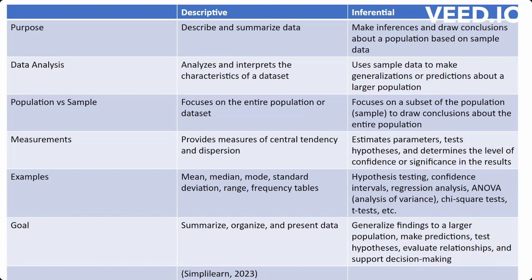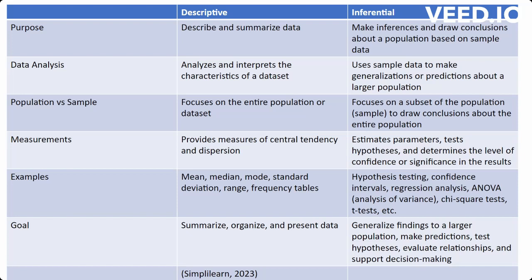The goal under descriptive is to summarize, organize, and present data, whereas under inferential it is to generalize findings to a larger population. It just relates to even the word itself, inferential. You are inferring. So you generalize the findings of your sample to a larger population. You can also make predictions.